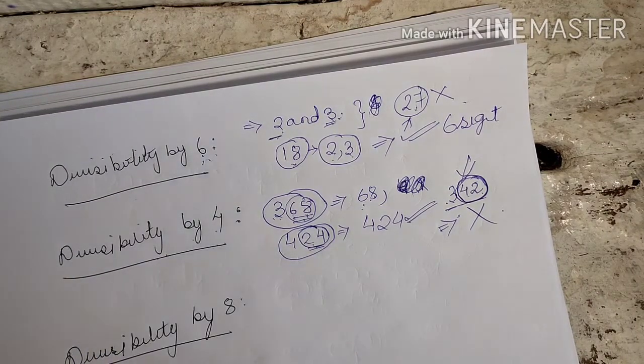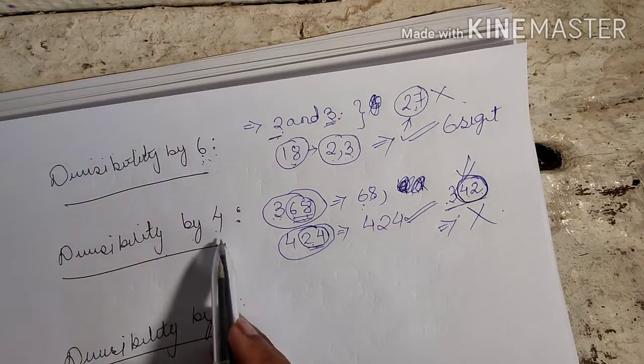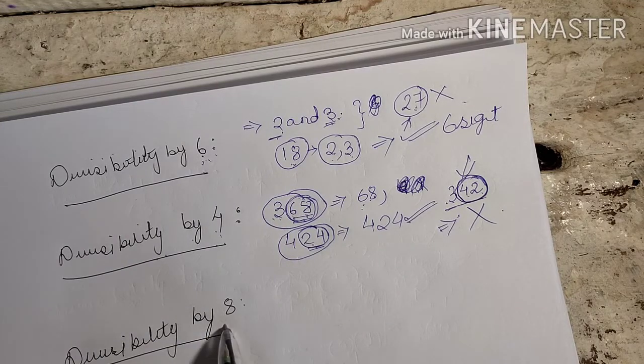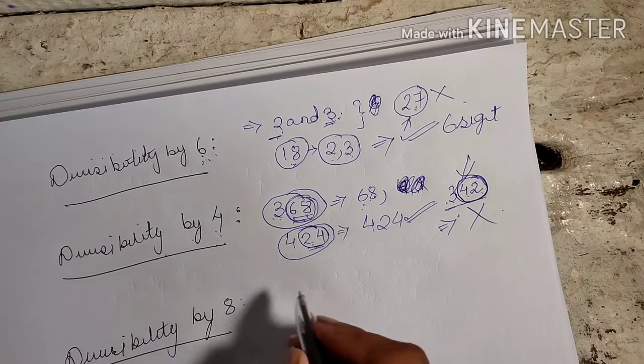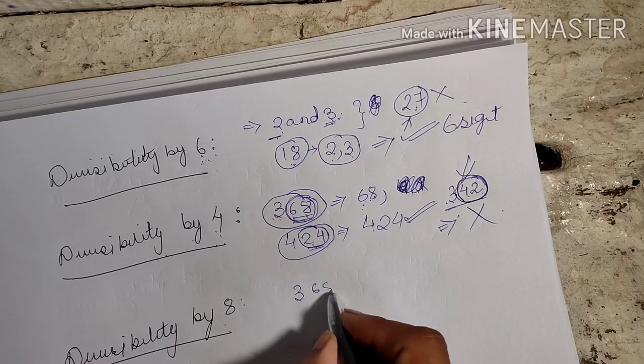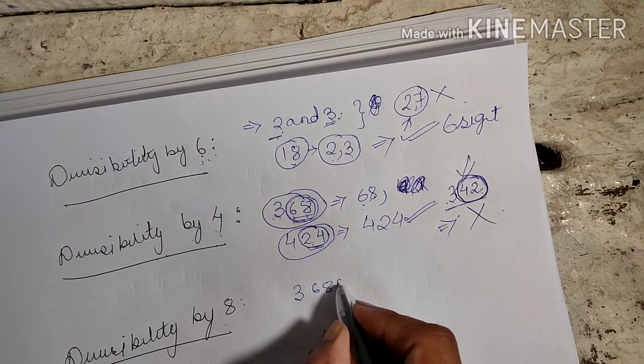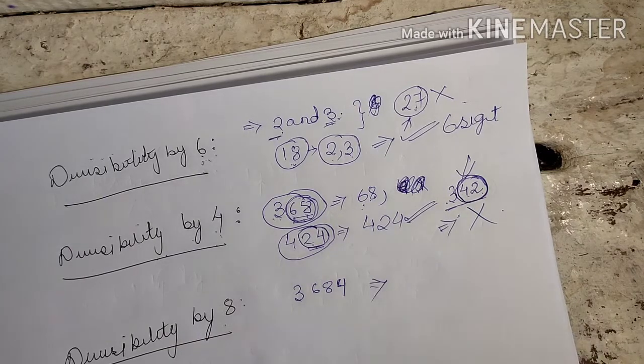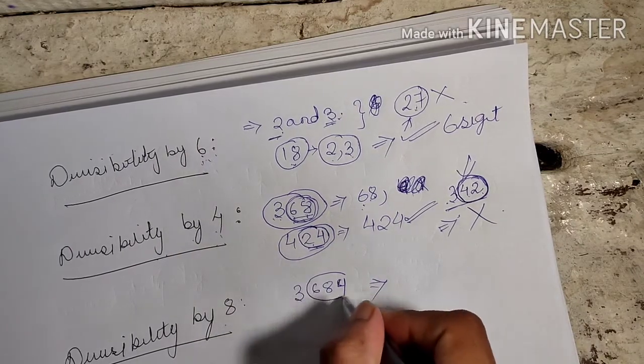Okay, now we'll go for 8, divisibility by 8. In 4 we are checking the last 2 digits, but in 8 we will check the last 3 digits. Suppose a number is given, let's take 3684. You will check only 684.